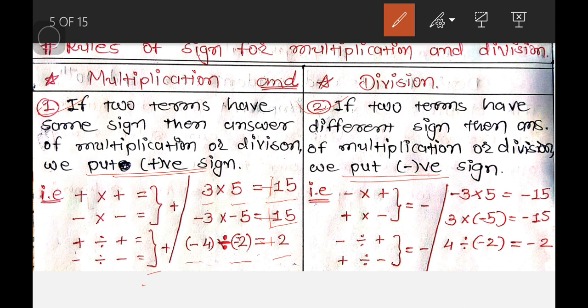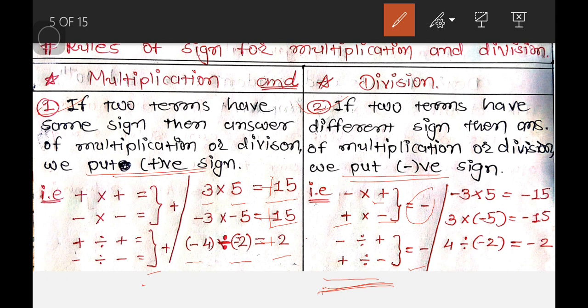So if the first term has minus and the second term has plus, or the first term has plus and the second term has a negative sign, then we put a negative sign after multiplication or division. These rules also follow in division. If the first term is negative and the second term is positive, then we also put a negative sign.